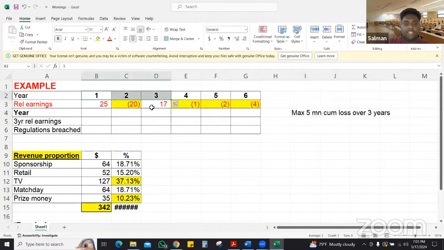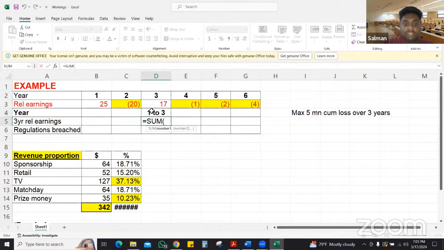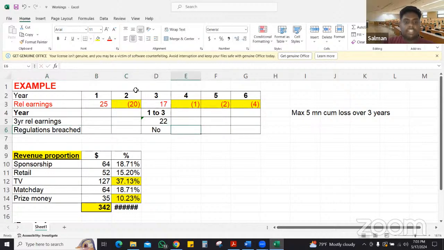Year 1 to 3 is one set of years. What is the cumulative profit? 25 minus 20 plus 17. It's a profit of 22. So are the regulations breached? Not breached. Next, we can take year 2, year 3, year 4, over 3 years.